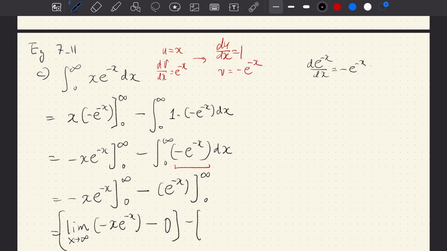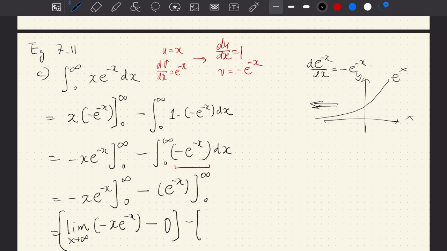Now let's look at the second term. For the upper limit of integration, you get e to the negative infinity. In principle we still have to write out the limit, but we can think of it this way: x is going to infinity, negative x is going to negative infinity, and e to the negative infinity tends to 0.